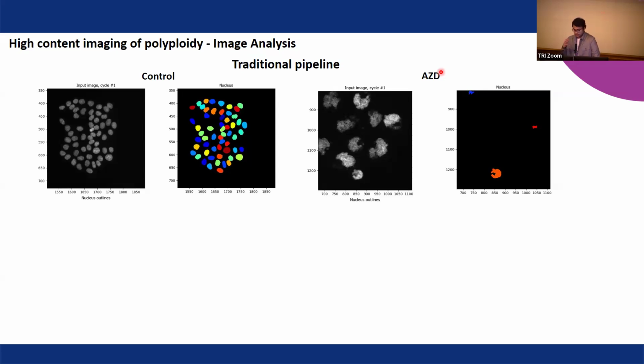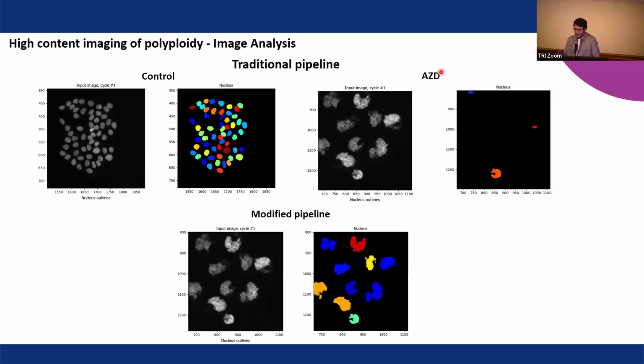So I've had to make separate pipelines for both control and treated, so that I'm able to accurately identify the cells. Because if I do it in the traditional way, that analysis was very inaccurate. So by changing the pipeline and then keeping the output parameters the same, I'm able to correctly segment these giant cells. These cells are 2 to 5, 5 to 10 times as big as normal cells, so they cannot be analyzed in the same way.